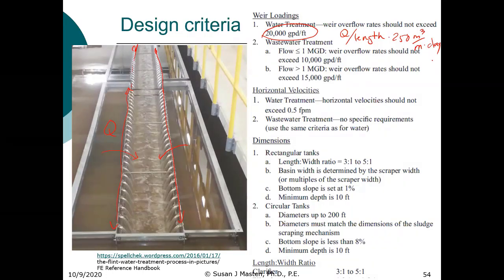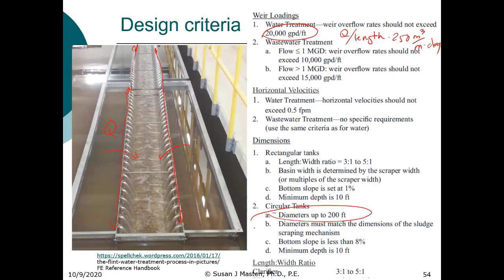And that meter is the length. Okay. Now we also have some upper limits for sizes. Why would we have an upper limit for the size? Can we just make these as big as we want? Why would we have an upper limit?